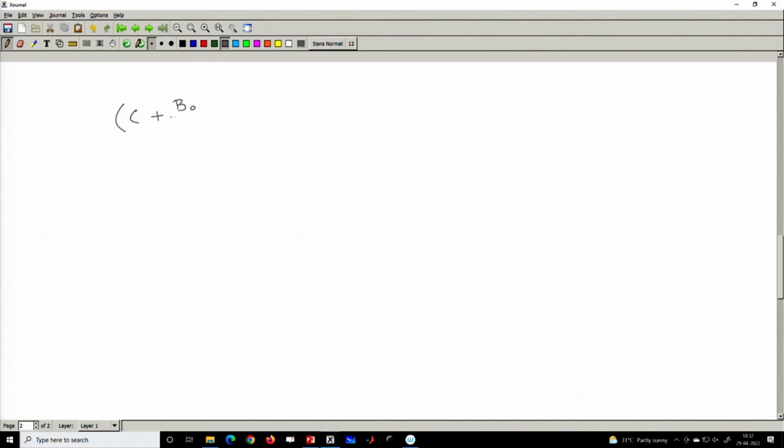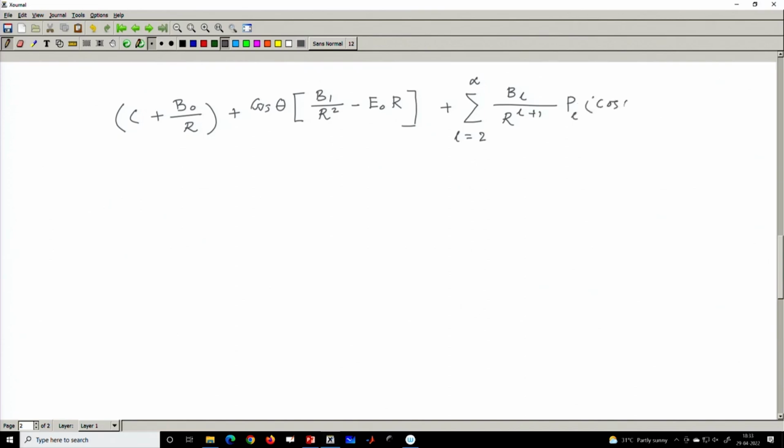So, C plus B 0 divided by r, and then cos theta, and then B 1 divided by r square minus E 0 r, then plus rest of the term, L goes from 2 to infinity, then B L divided by r L plus 1 P L cos theta is equal to 0.